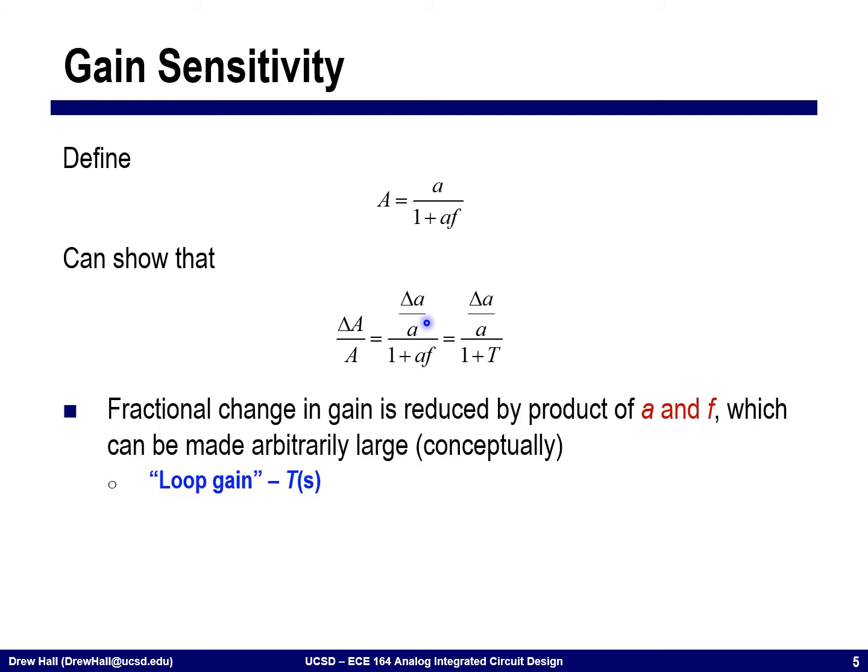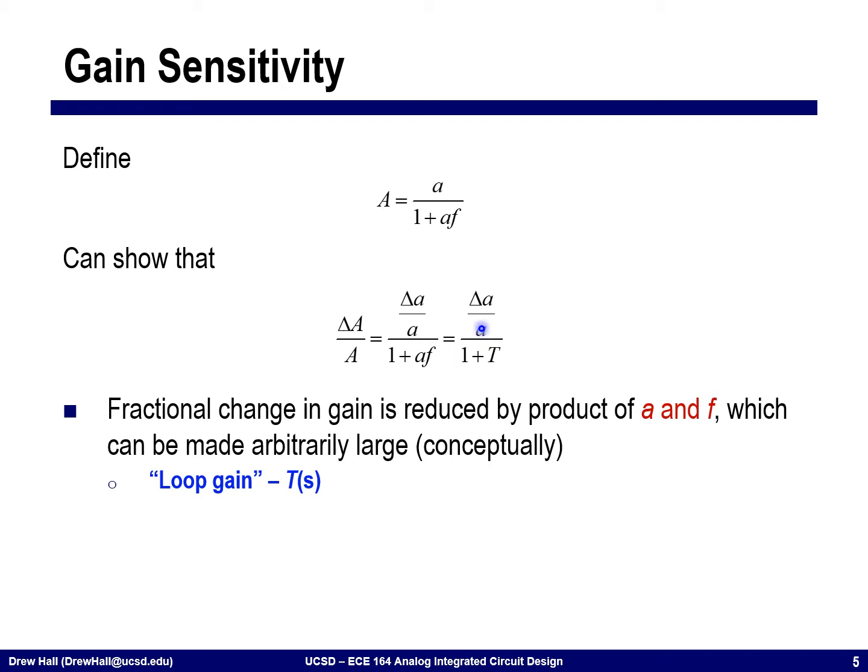And what we can see very importantly is that any variation in this delta a, so in that previous example, a was 60 dB, and if we had a variation of even 10% for this delta a term, it gets suppressed by this 1 plus T. This 1 plus T is essentially the loop gain of the circuit, and it fights errors in the forward path gain in this open loop amplifier.